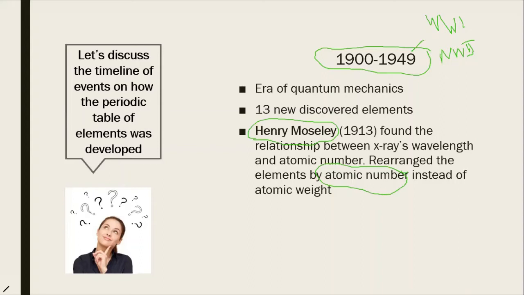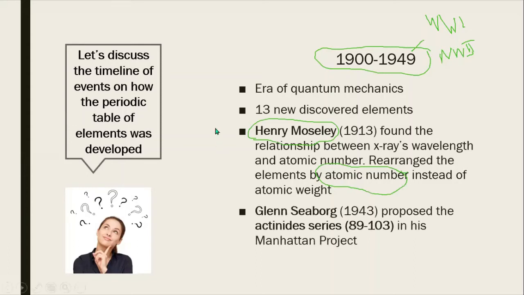Kasi kung titingnan natin, talagang naka-arrange lahat ng mga elements natin according to its atomic number. But in our periodic table, we have already provided there not only the atomic number, but we also include atomic weight. Okay, so ito yung mga promising people na masasabi natin reason why we are using the periodic table of elements.